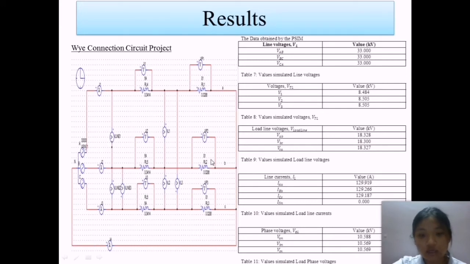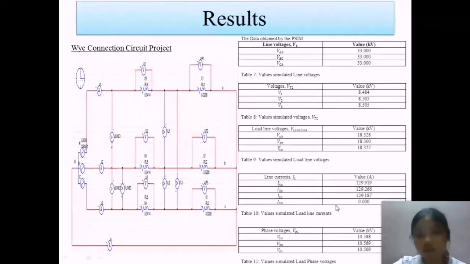The IAA, IBB, ICC results from simulations are: IAA 129.919, IBB 129.266, and ICC 129.187. There is just a little bit of approximate difference, so it's approximately the same value. The INN is 0 because it's connected like this, so they have no current inside that.